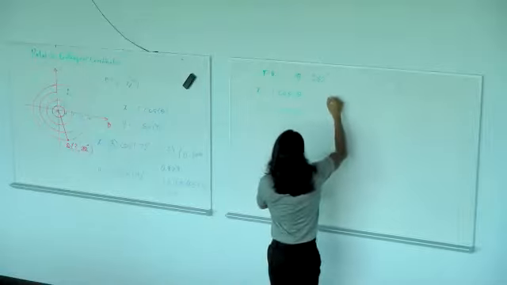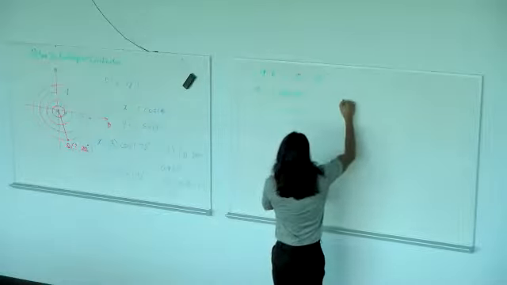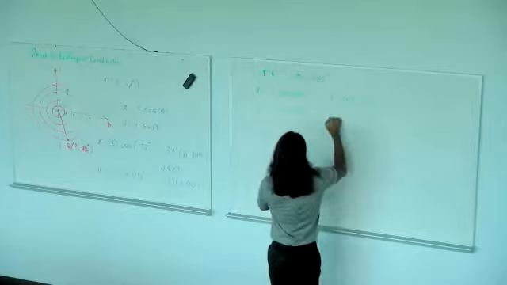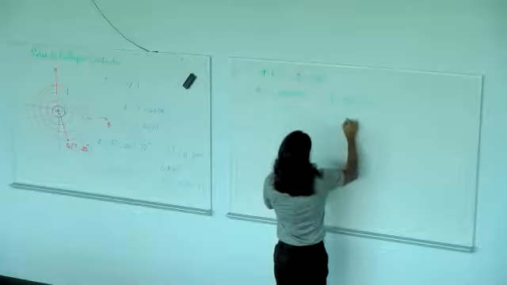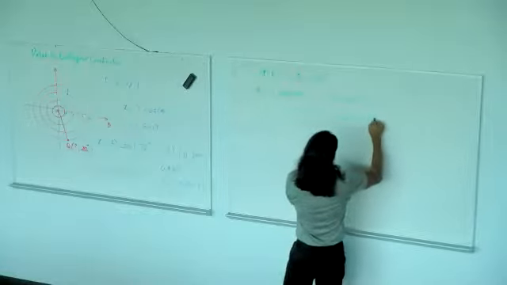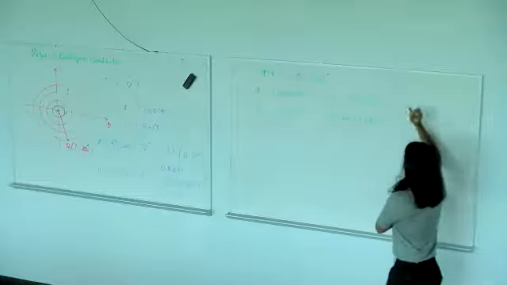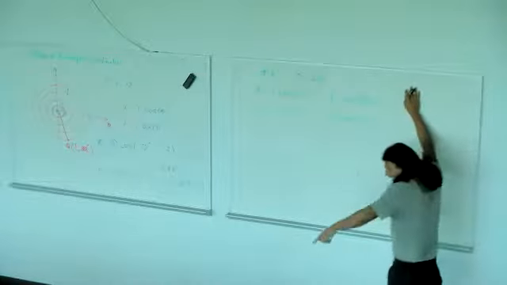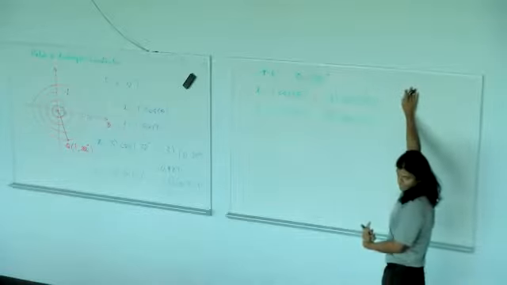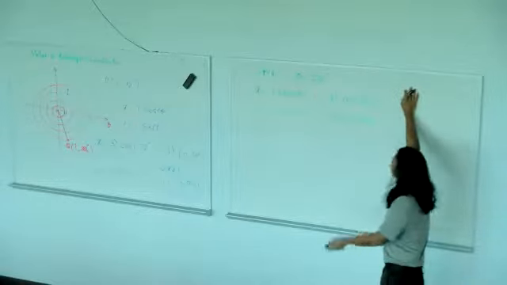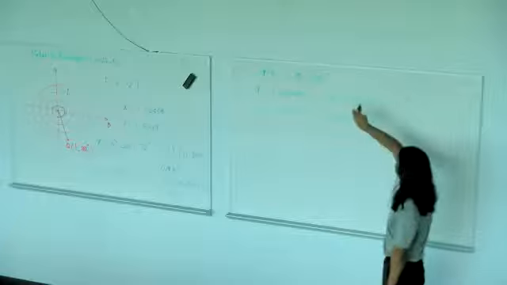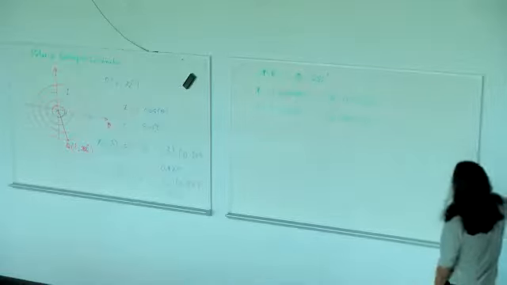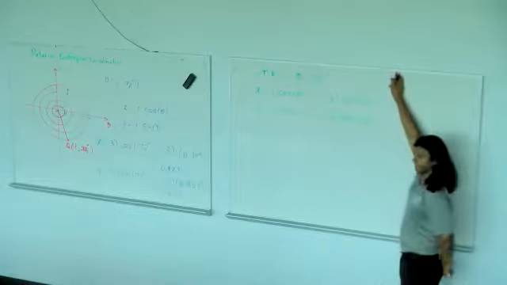Find cosine 282 degrees and sine 282 degrees. Make sure you have your calculator in degrees mode, not in radians mode, because the angle is given in degrees. So what do we get?